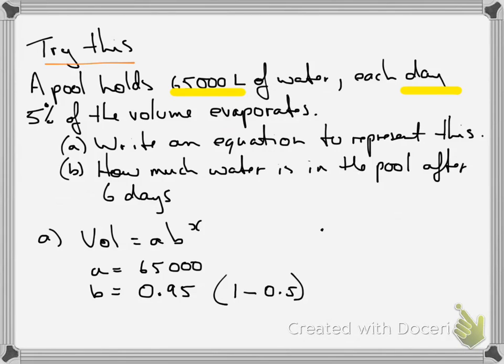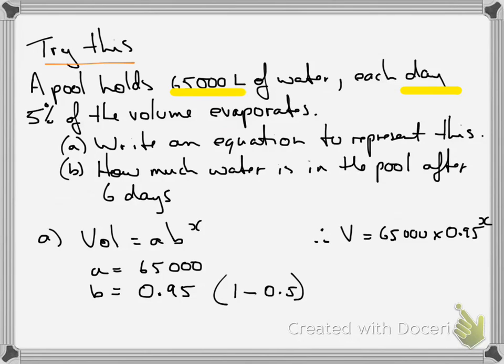Therefore, V equals 65,000 times 0.95 to the power of x. And that is my part A, that's my equation.